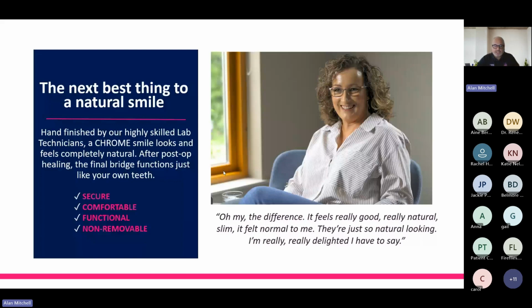Then, once the patient's healed, they come in for their final consultation before their final fit, so we can make the teeth exactly how they want them. We can look at the bites and everything we need. It's functional and non-removable, which is what patients desire a lot, especially if they've been in an ill-fitting denture.